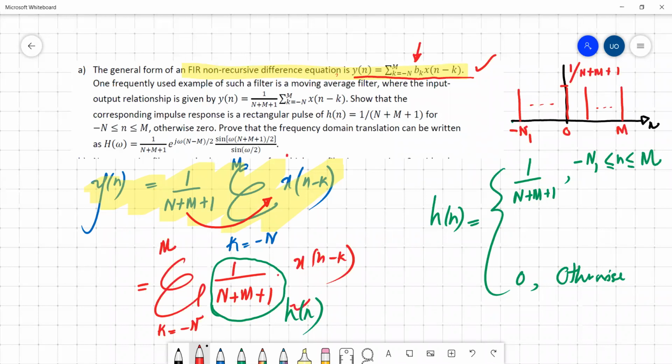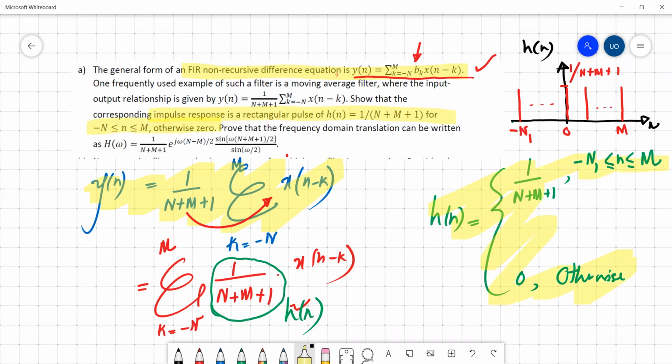So this is your h[n]. Based on this definition, you can claim that the impulse response of the system is like this rectangle, and otherwise 0.